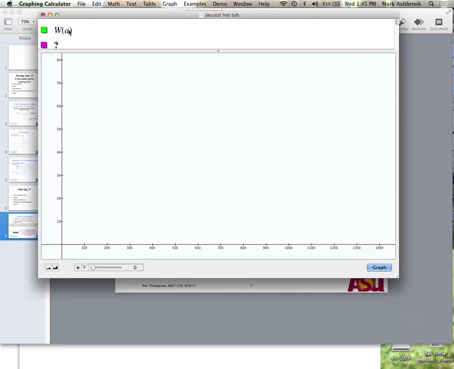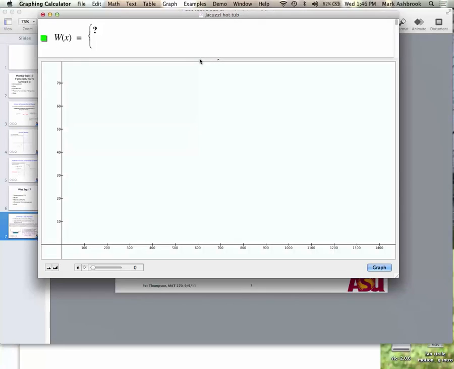Let's use x, let's not confuse things here. Equals. Okay, so now what you do is you're going to hit, if you've got a Mac, Control A. If it's PC, I think it's Control Shift A. Is that right? Okay, thank you.